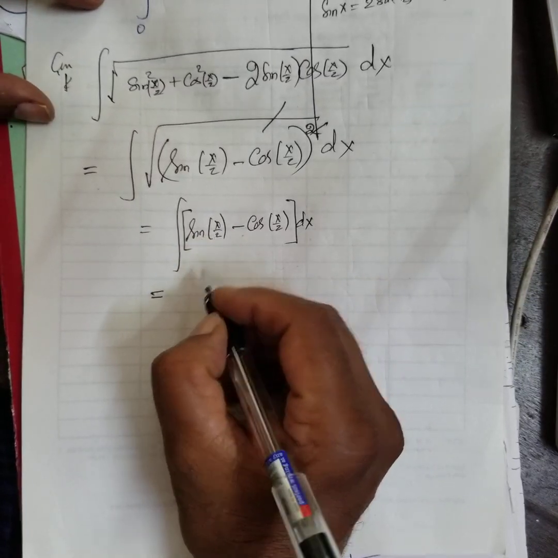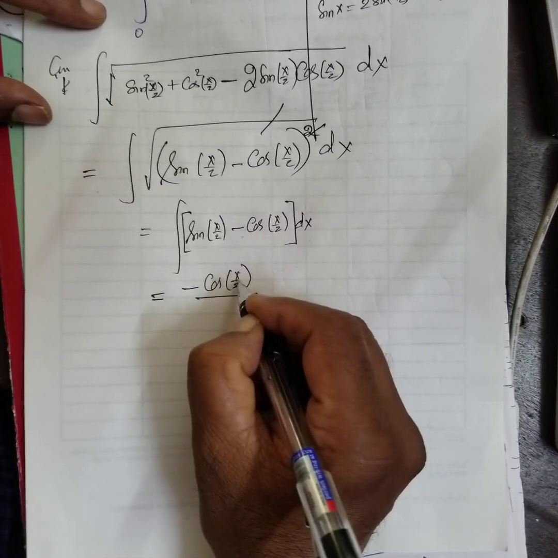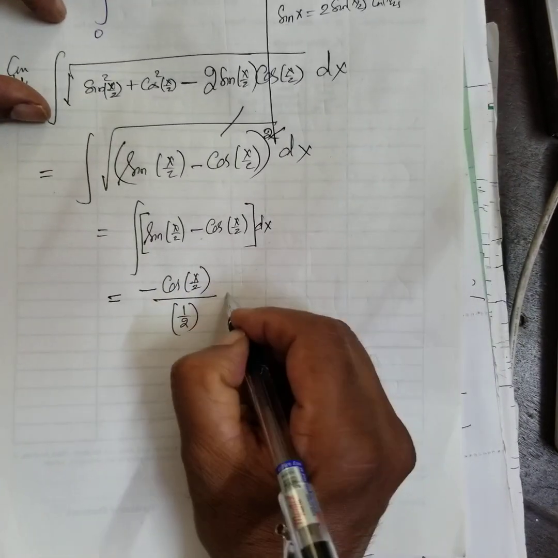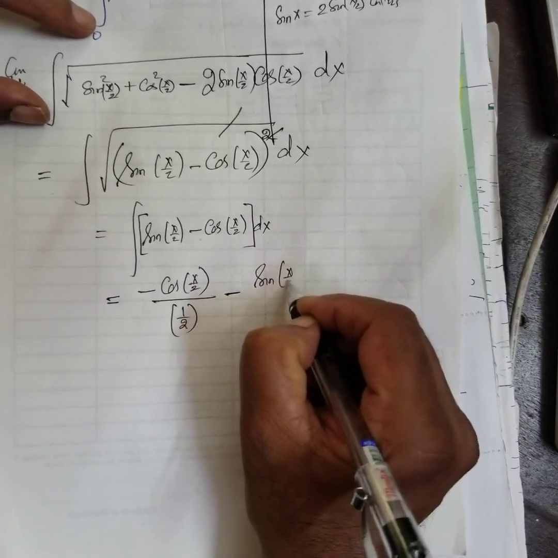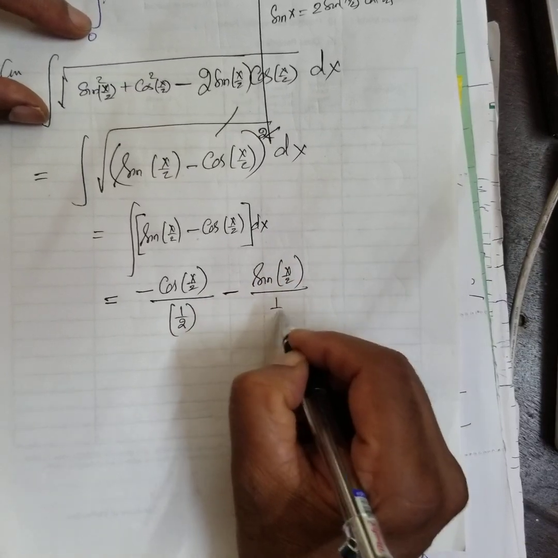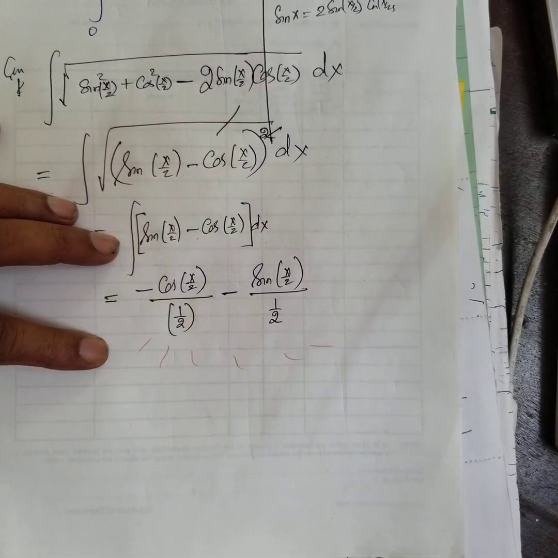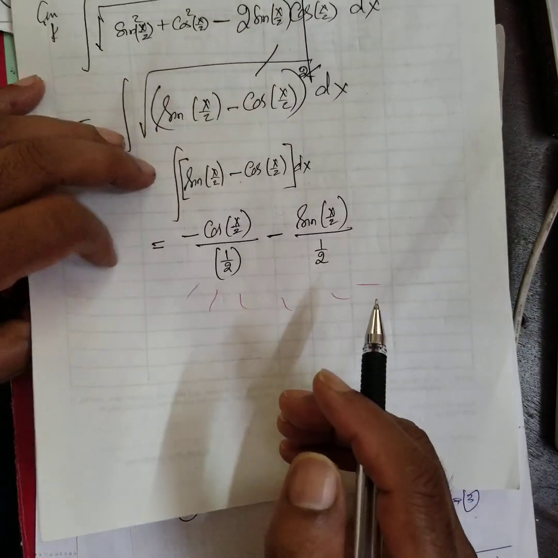Integral of sin x by 2 is minus cos x by 2. What is the coefficient of x by 2? Half. Integral of minus cos x by 2 is sin x by 2. Coefficient of x by 2 is half. You have to be very, very careful because you are competing with 4.5 lakh students.